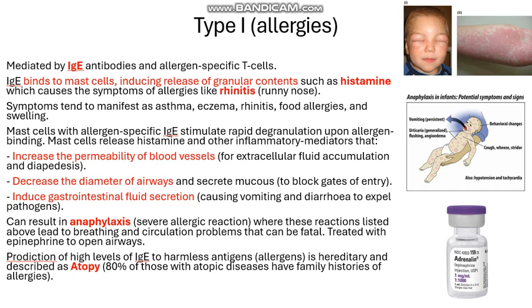But we do treat these with epinephrine, which opens up the airways and stops someone in anaphylaxis from suffocating to death. Production of high levels of immunoglobulin E to harmless antigens, allergens, is hereditary and described as atopy, and 80% of those with atopic conditions have family histories of allergies.